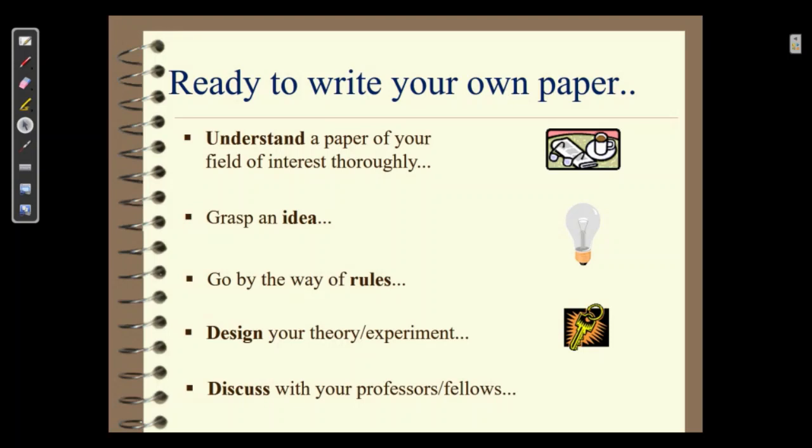For example, I have to check what was done and what was not done in that field, what the methodology will be to perform the experiments, how I will interpret the data, and how I will represent the figures, the tables, and so on. So we go by the way of rules in this way.